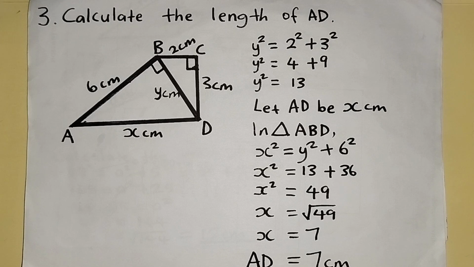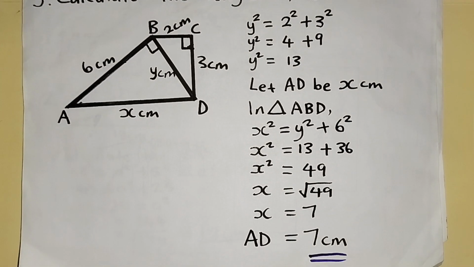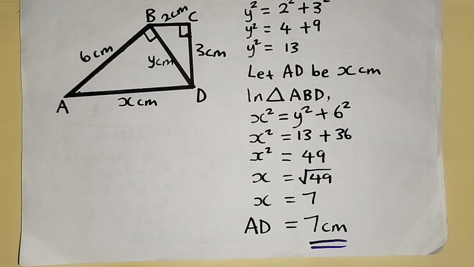Applying Pythagoras theorem, y to the power 2 equals 2 raised to the power 2 plus 3 raised to the power 2. Finally, y squared equals 4 plus 9, which is y squared equals 13. There is no need for us to find the actual value of y. We just leave our answer as y raised to the power 2 equals 13. We will use this as it is in the next stage of working.